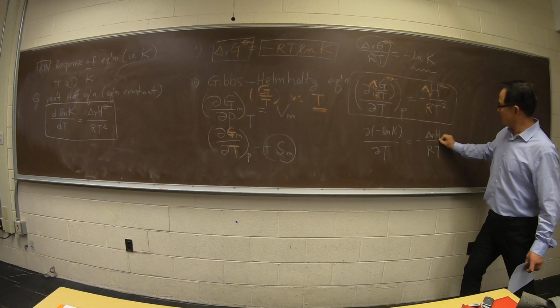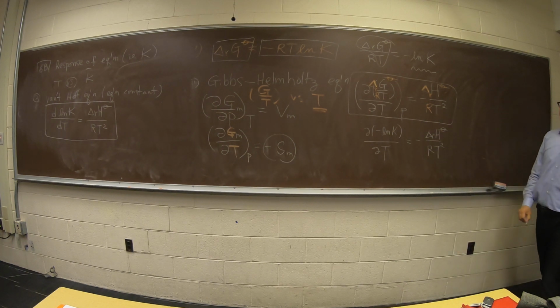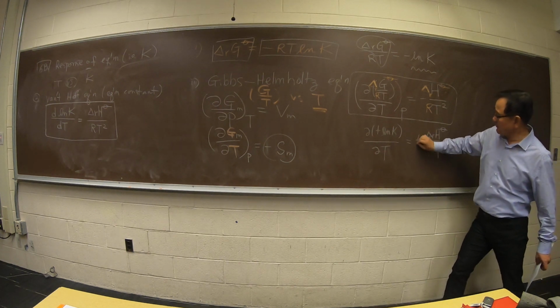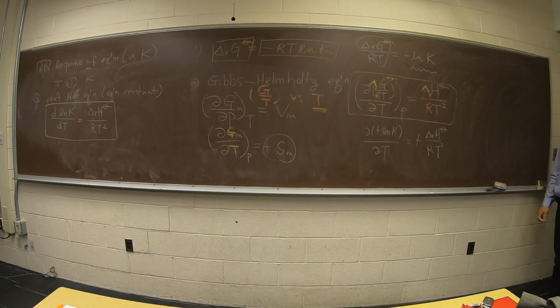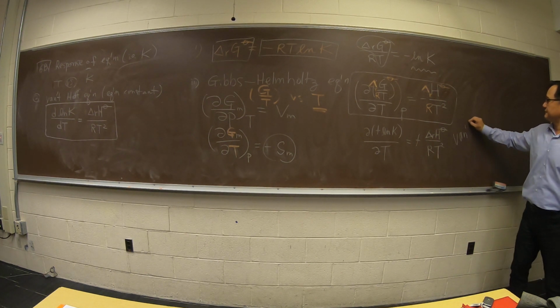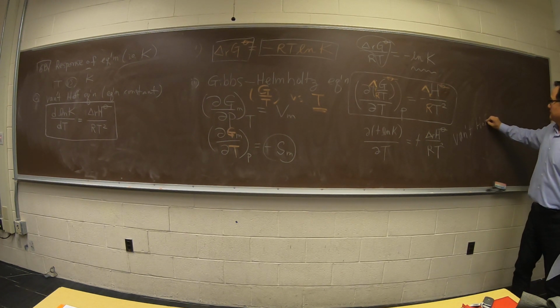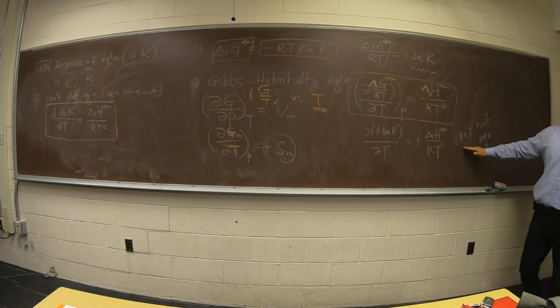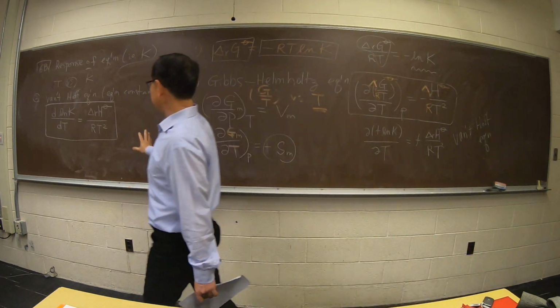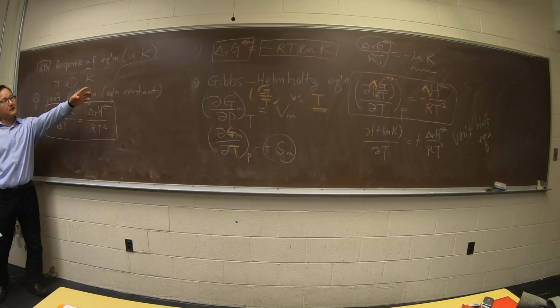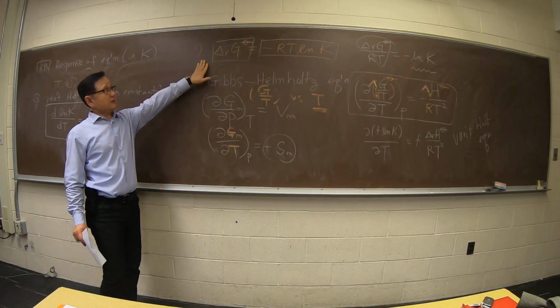I'll be happy to not deal with the double negative, so make it positive here. And all of a sudden this is the van't Hoff equation. I'm going to use this to solve an actual example problem. It is just an extension of what we learned from the definition of equilibrium.